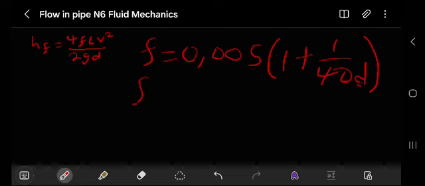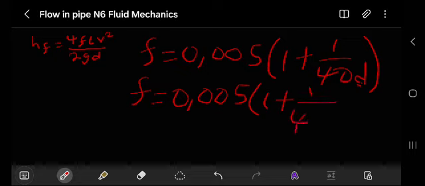Then our F there will be 0,005 times 1 plus 1 over 40 times the diameter. Remember, we have the diameter we've calculated, which is 0,0585, right? That was the diameter.